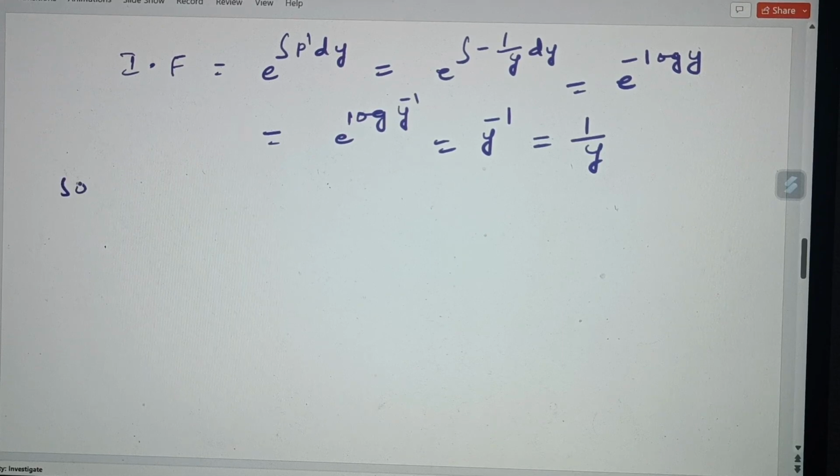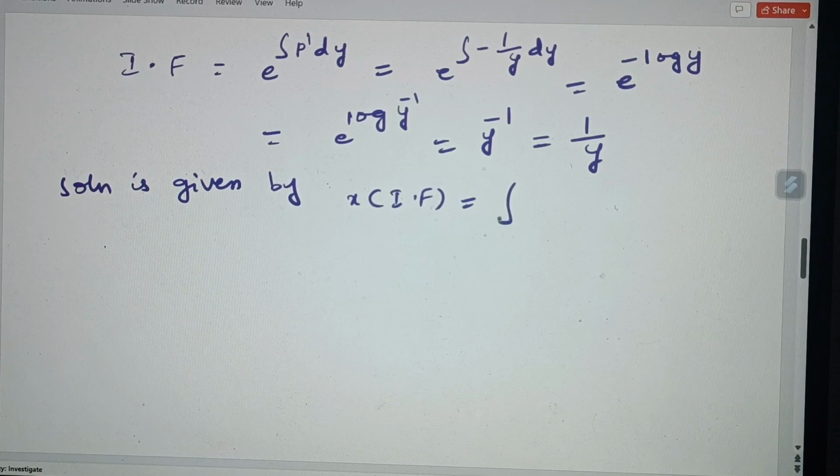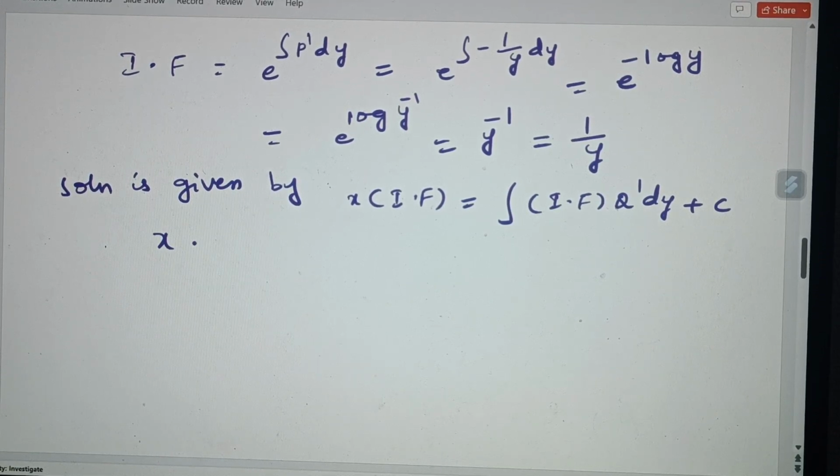After that, what do we do? We have to find the solution. What is the formula for the solution? The solution is given by x into integrating factor is equal to integral of integrating factor into Q' dy plus c. Now, what is your integrating factor? It is 1/y.